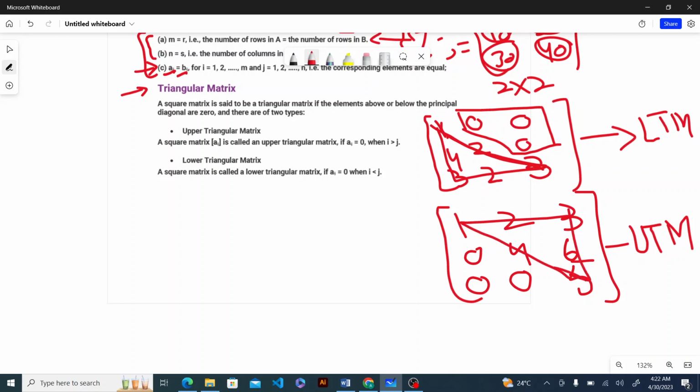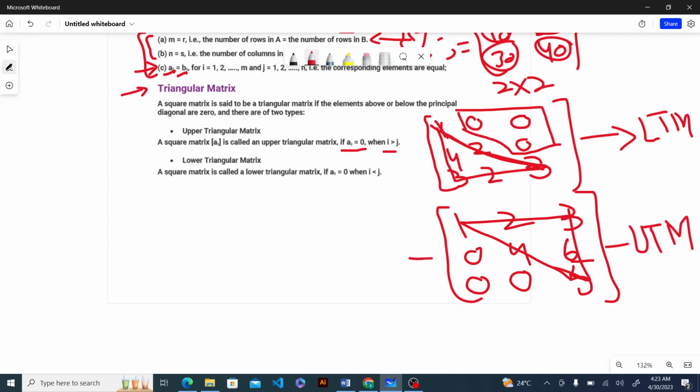But in terms of math, how we will recognize which is lower triangular and which is upper triangular is that a square matrix Aij is called an upper triangular matrix if Aij is equal to 0 when i is greater than j. When the row number is greater than the column number and the element is 0, 0, 0, then that will be called upper triangular matrix.